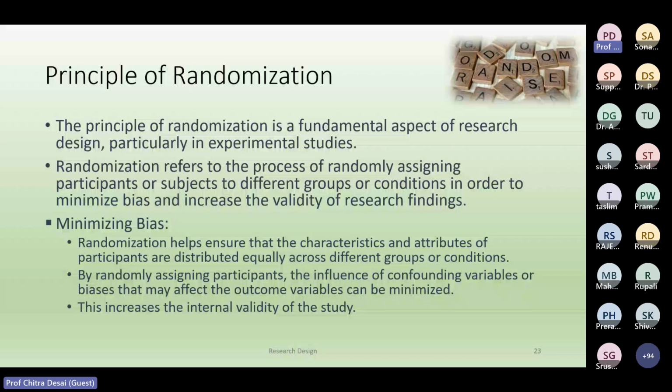What we mean by minimizing the biases is that whatever characteristics and attributes we are selecting, for example in the case of a participant, we have to ensure that all these are equally distributed between the different groups or conditions. Suppose you have a population of 1,000, and out of those 1,000 I want to form subgroups of 200 each, so 5 groups of 200.